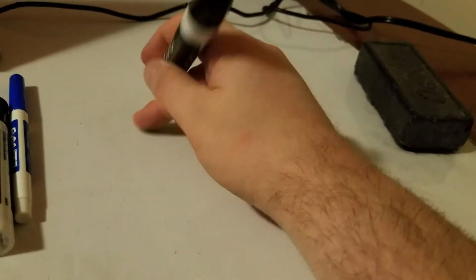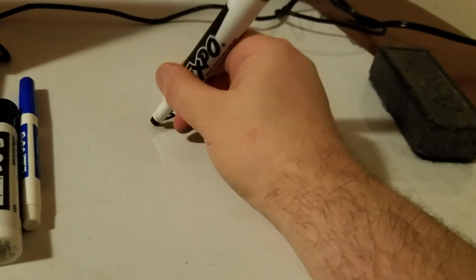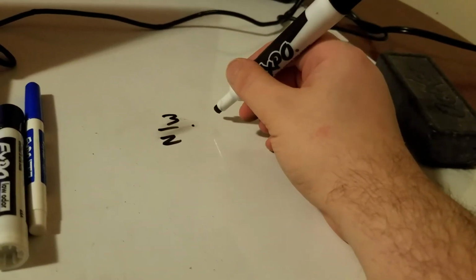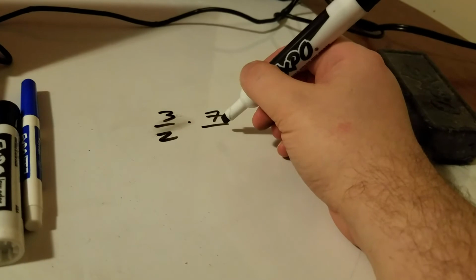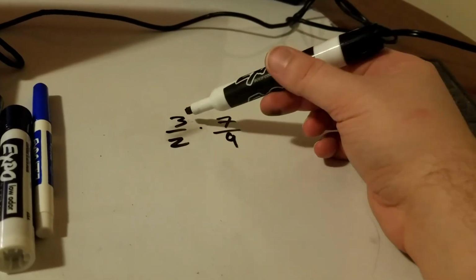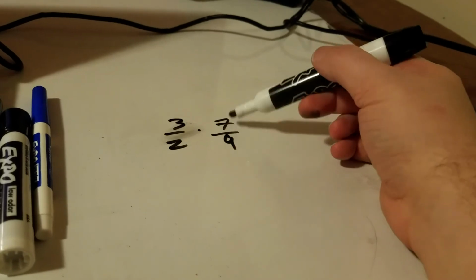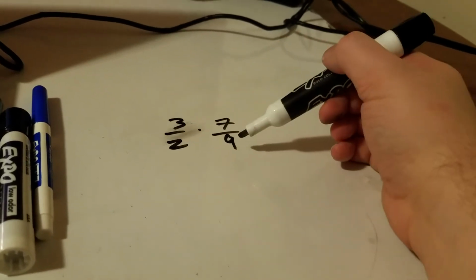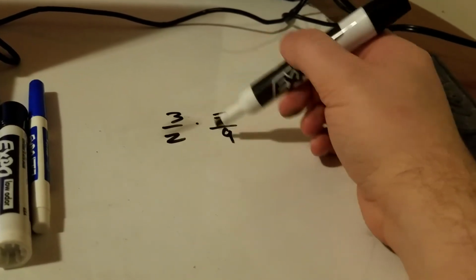Let's look at this. What if you have 3/2 times 7/9? Okay, well, I can't simplify the 3/2, and I can't simplify the 7/9. But because I'm multiplying, I can actually simplify this 3 and 9.